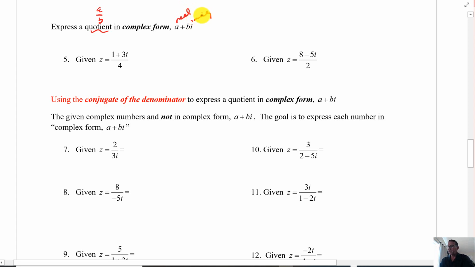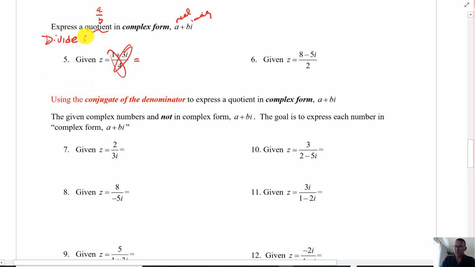Well, these first two are easy when the denominator is just a monomial, just a single real number. On this one here, you just take both the real and the imaginary parts and divide them both by 4. So you take 1 divided by 4, and then you take the imaginary part and divide it by 4.